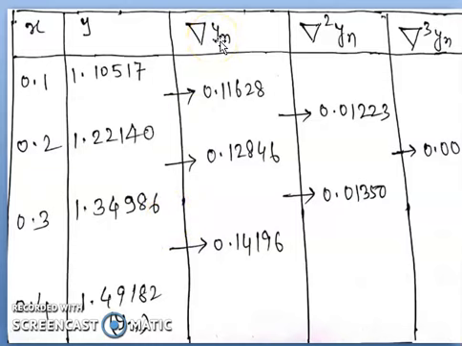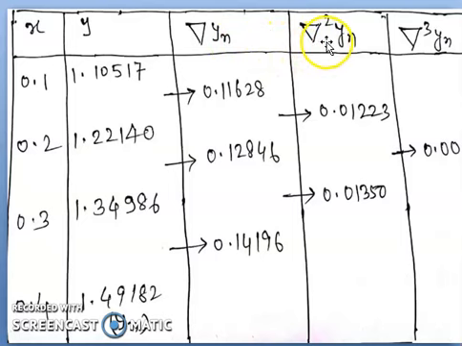Now the backward difference of the first table, del yn, is the difference between these two. So subtract 1.22140 minus 1.10517. It becomes 0.11628. So first you subtract this value and write it in the middle. Similarly, the same process for the next two: subtract between these two and write it in the middle, subtract between these two and write it in the middle. So this is the first backward difference result, del yn.